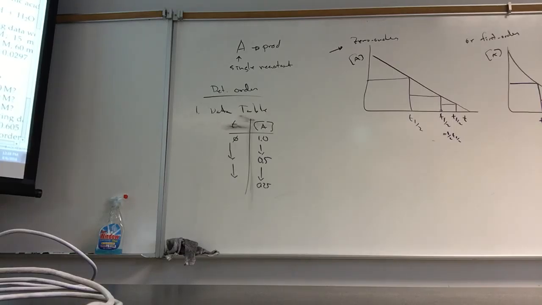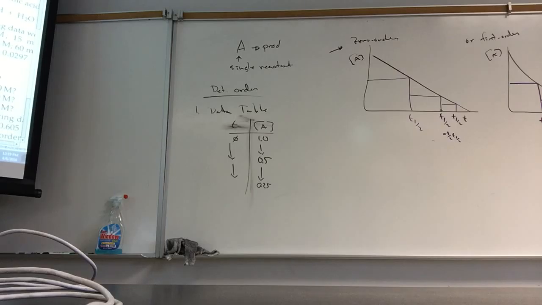We started off at 1 molar here, and we want to go to about half. Well, 0.47 is close enough to half, right? So we cut it in half, it took 75 seconds. Then from about 0.5, we want to go to about 0.25. Well, 0.22 is as close as we're going to get, and that takes us to 150, so an additional 75 seconds.